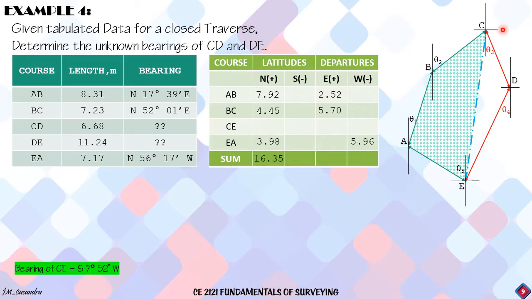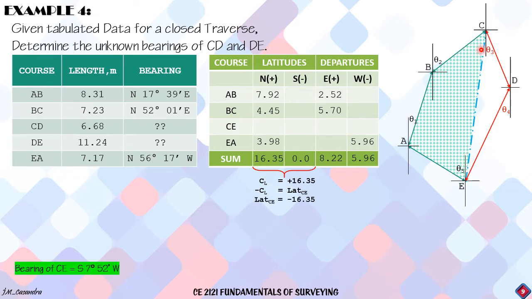So we have a total northing of 6.35, southing is 0, easting is 8.22, and total westing is 5.96. So again, the algebraic sum of latitudes is positive 6.35. Therefore, the negative of it is equal to the latitude of the unknown closing line CE.